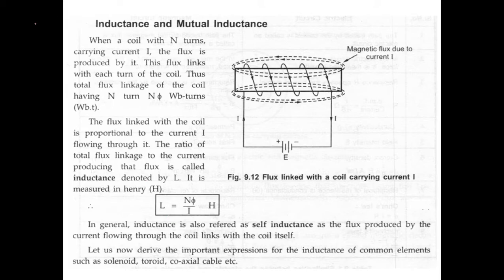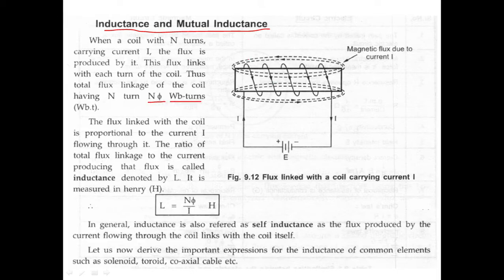Inductance and mutual inductance. You have already studied all of this in basic electrical, so I'll just brush through once. When a coil of N turns carries current I, flux is produced by it. The flux links with each turn of the coil. Thus the total flux linkage of the coil having N turns will be N phi Weber turns.